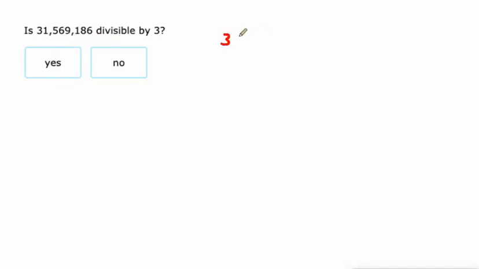So 3 plus 1 is 4, plus 5 is 9, plus 6 is 15, plus 9 is 24, plus 1 is 25, plus 8 is 33, plus 6 is 39.